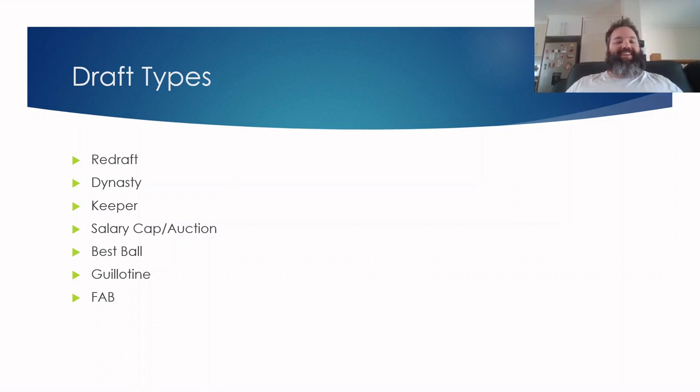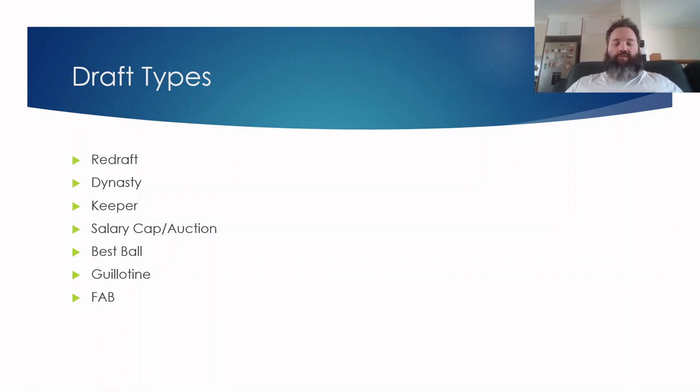But I guess the most common one is the redraft snake league, and they are good because they're nice and simple, and there is lots of information out there about those sorts of leagues. But because there is so much information out there, they do become quite formulaic, and basically, if you get a certain pick, you can already work out what your team's going to roughly look like. So it's good and bad, but definitely if you just want to get in nice and simple, that's probably the one for you.